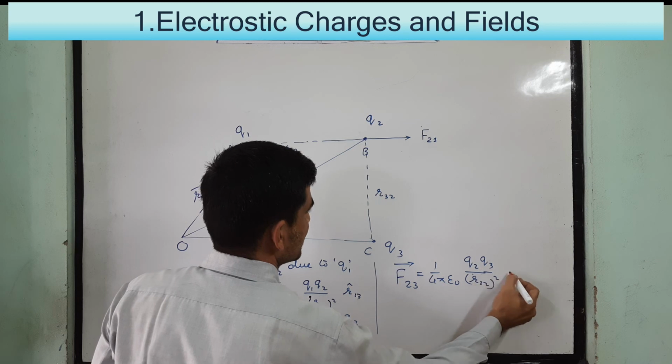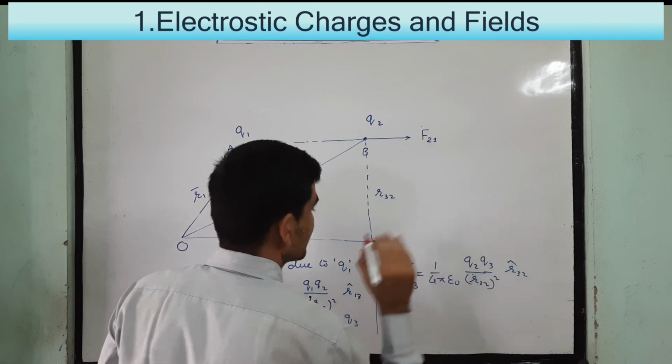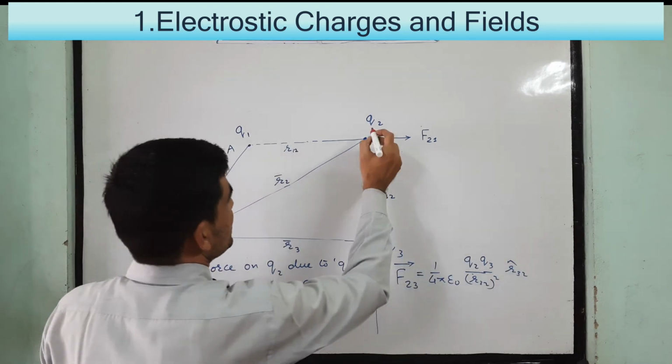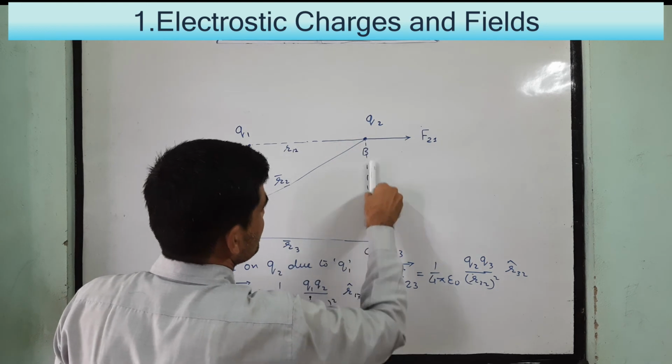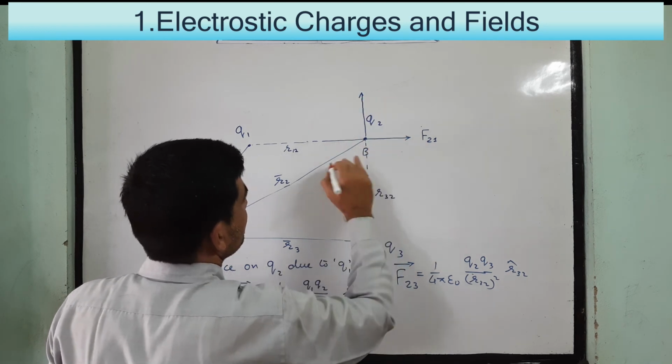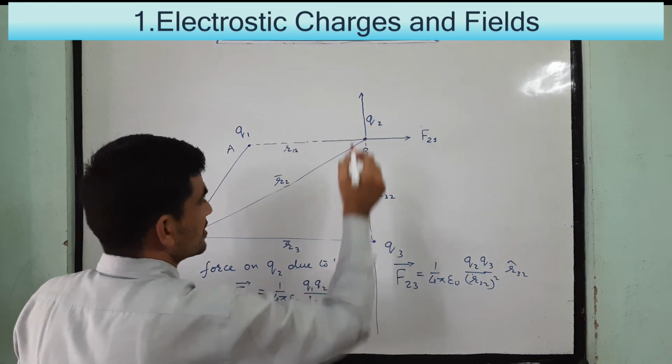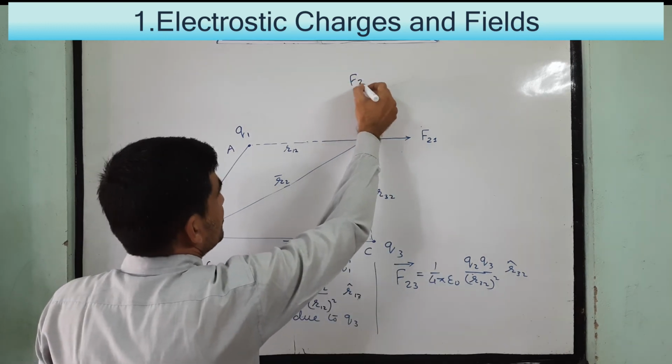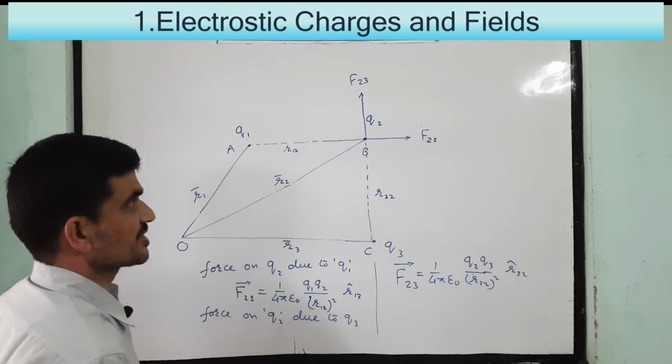Its square we shall get, and the r32 unit vector. So at this point we have two vectors, F21 and F23. So what do we have to do?